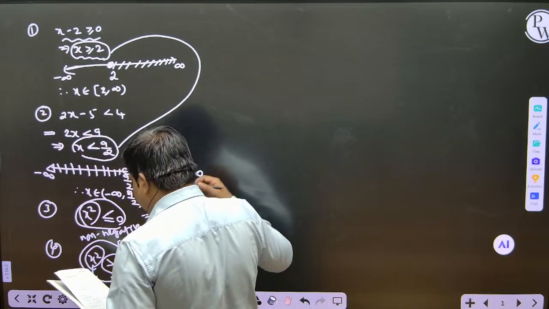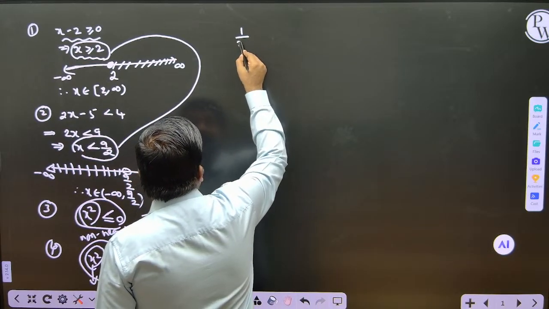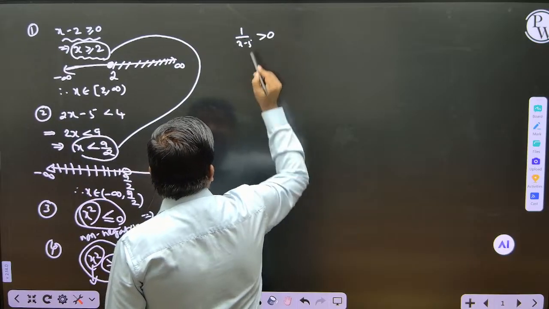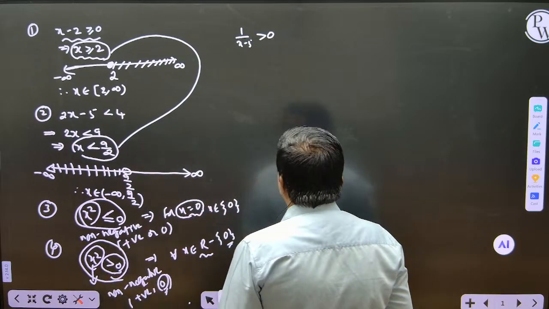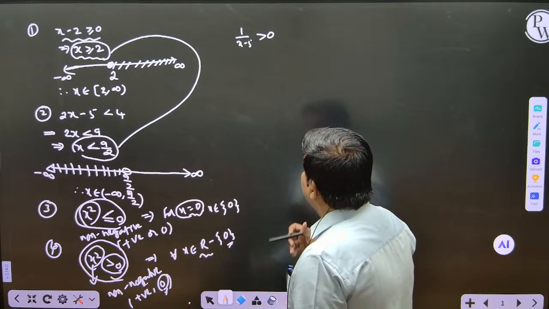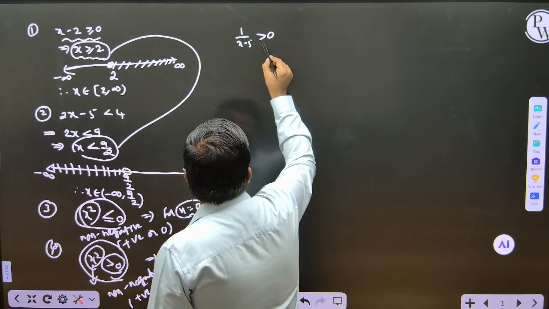But next here also the same. 1 by x minus 5 greater than 0. Say you look at here, this is greater than 0.